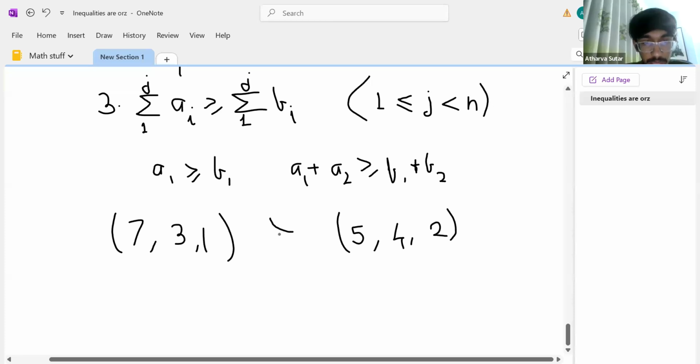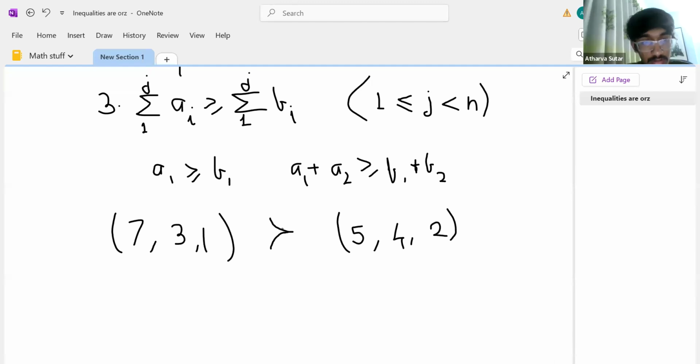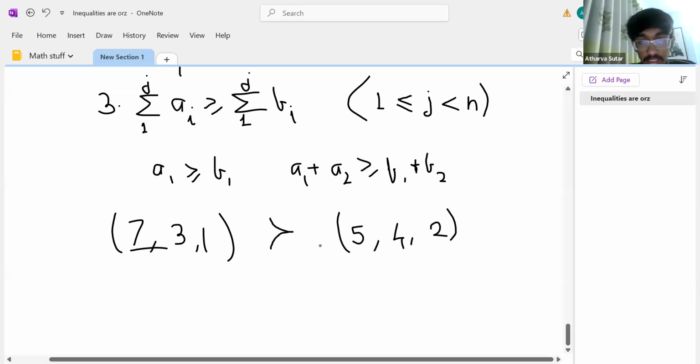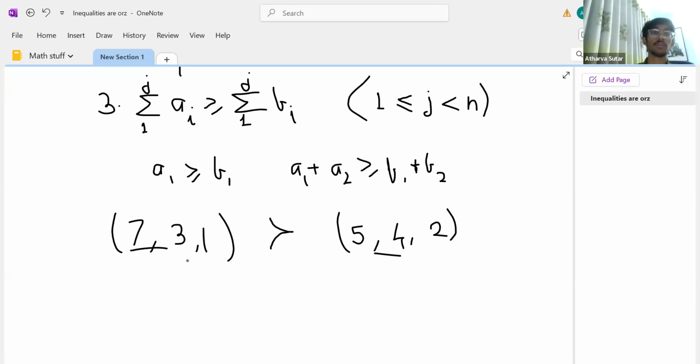Majorization is denoted by a curved greater than sign. The sequences are in decreasing order, which is the first condition. The sums of both sequences are the same, and 7 is greater than 5, 10 is greater than 9, and that's basically all the conditions.